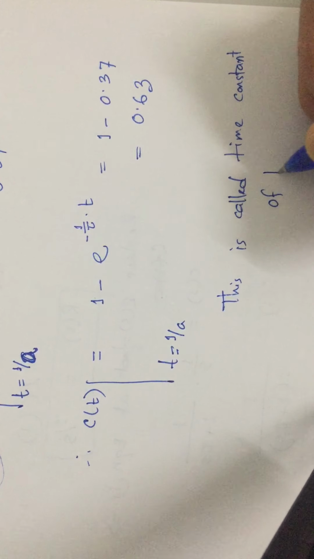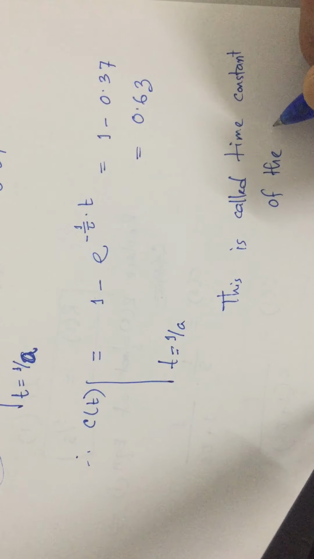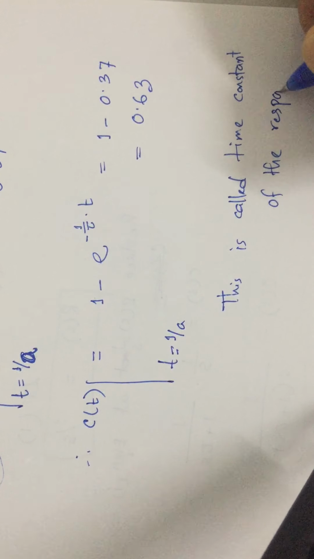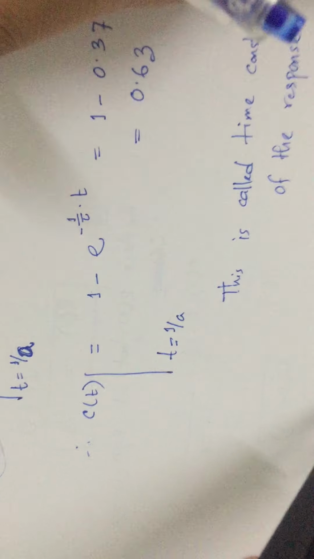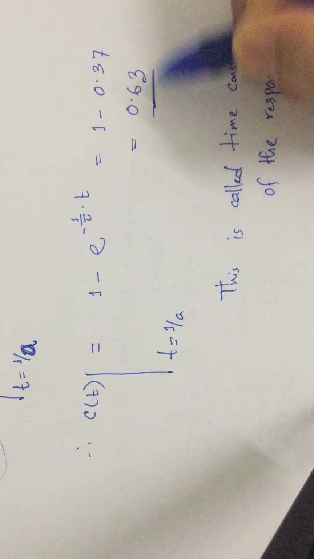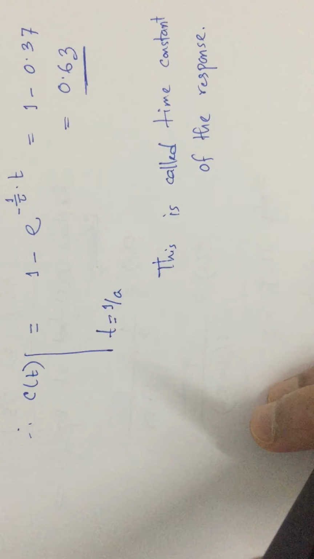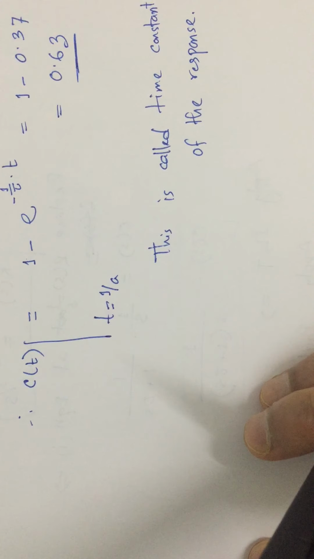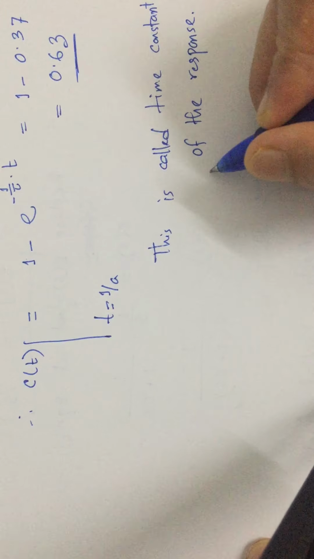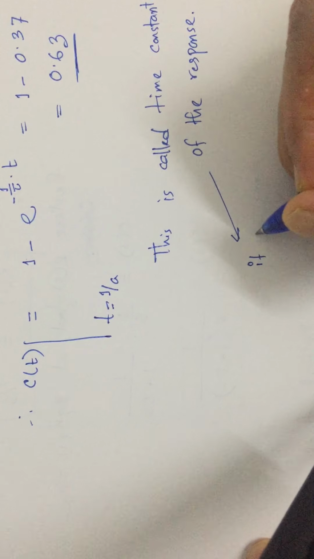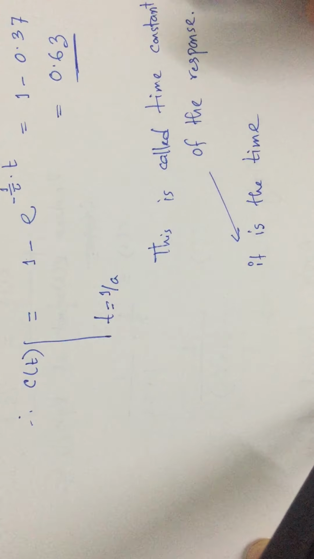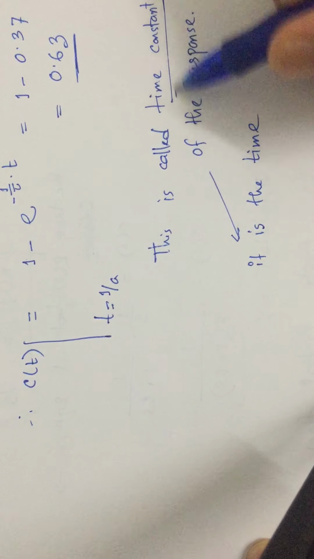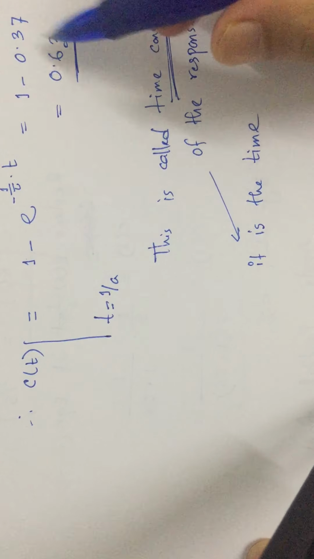Time constant of the response. So this time constant, because you can see I got 0.63, so what is this time constant? This time constant is 0.63.